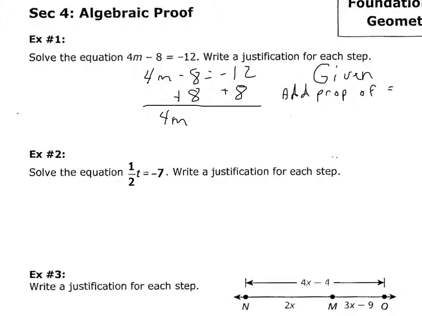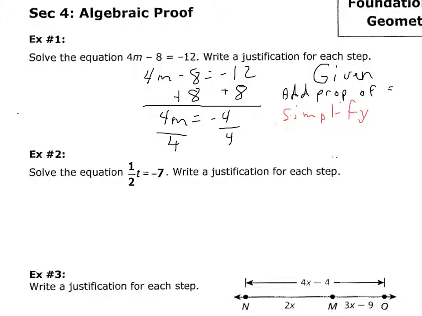Now you can go ahead and reduce, 4m equals negative 4. And whenever you reduce in these algebraic proofs, the reason is always just going to be simplify. You're just simplifying it, reducing it, making it look a little bit more simple. Last step in solving the equation, of course, you're going to divide by 4.